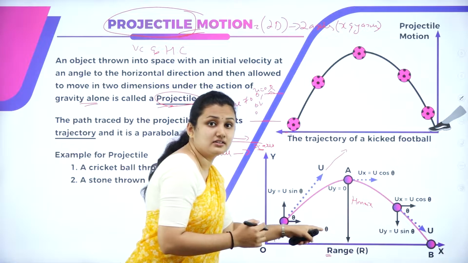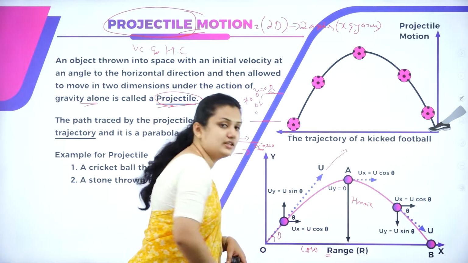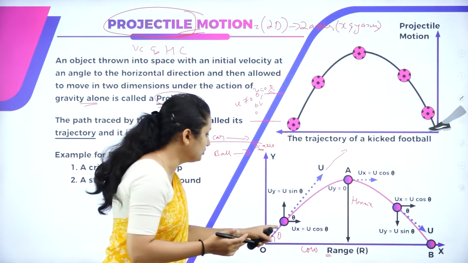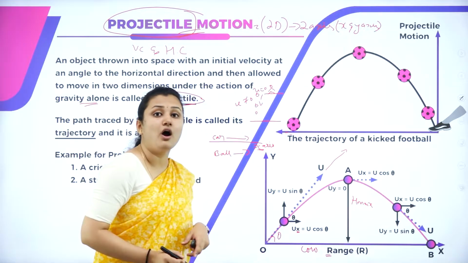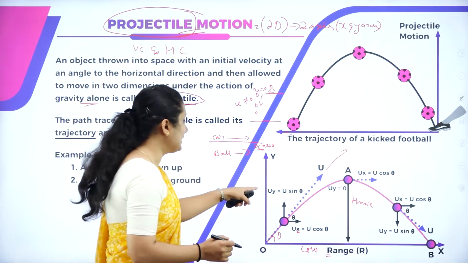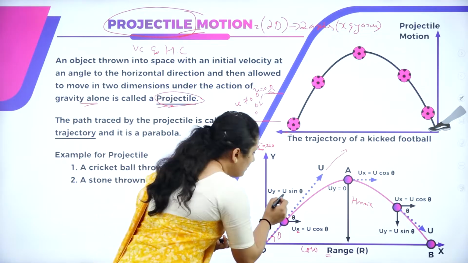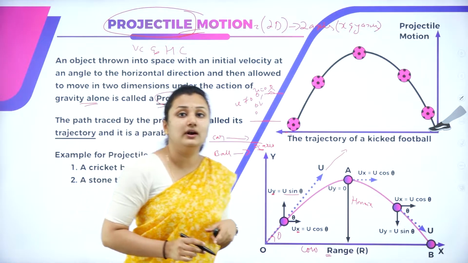the component along the x axis is always cos theta. So the initial velocity is resolved into u cos theta along the x axis, the horizontal axis, and into u sin theta along the y axis, the vertical axis.